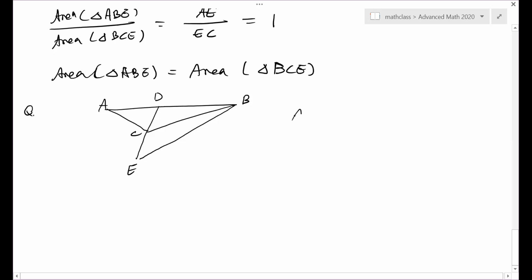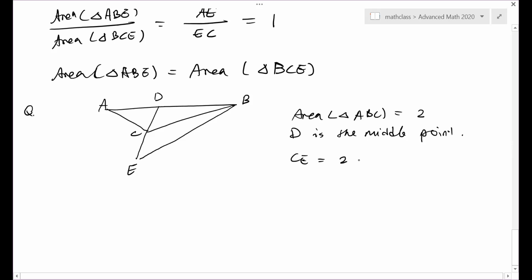We are given the area of triangle ABC, which is 2. D is the middle point, and CE is going to be twice CD.